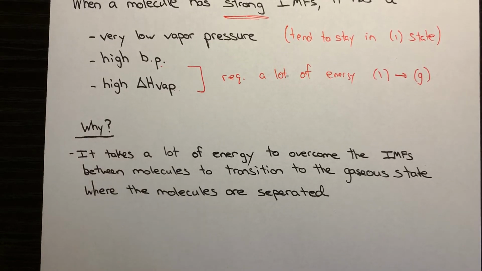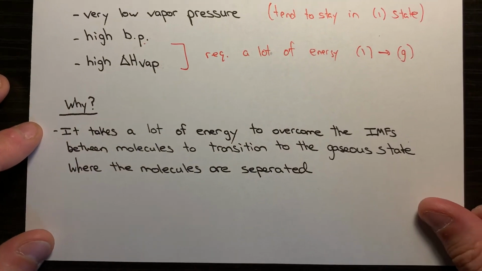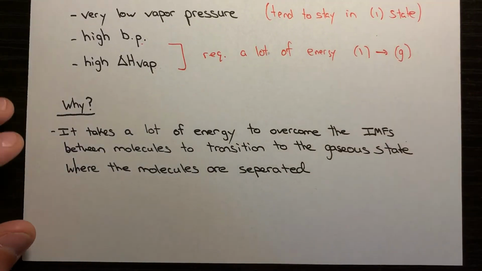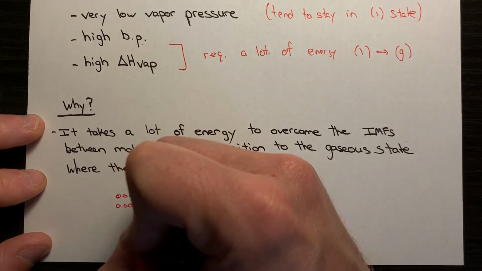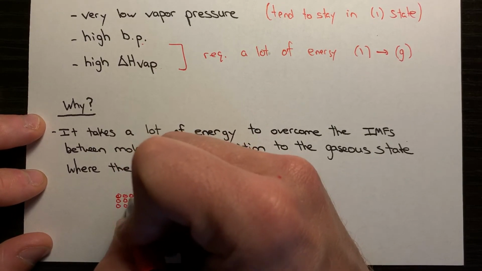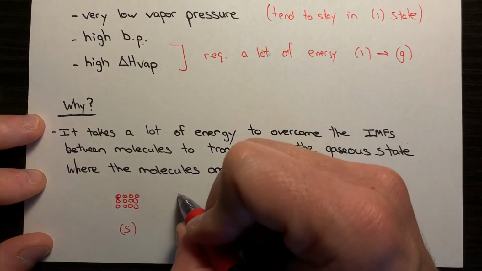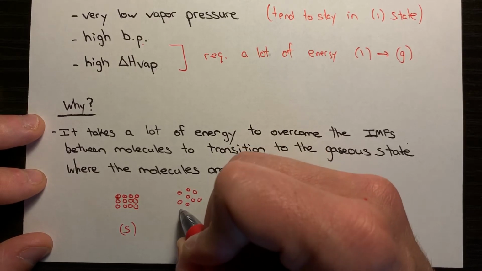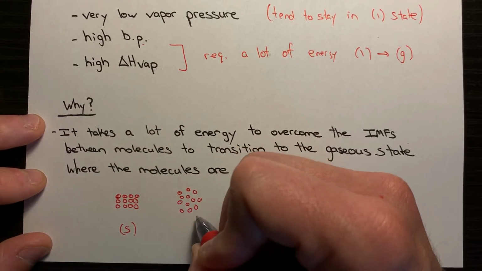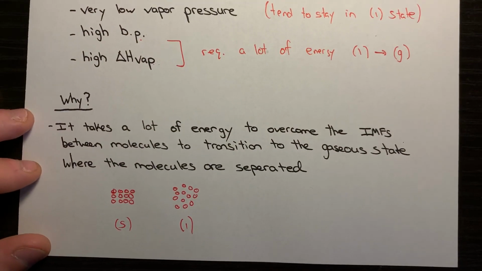And I think it's worth a discussion to talk about what I mean truly by saying overcome intermolecular forces. If you're talking about melting something, so let's say we have a solid, which has a really, really closely compacted structure. When we transition to the liquid state, what we're going to notice about that liquid state is that these molecules are still really, really close together, right?